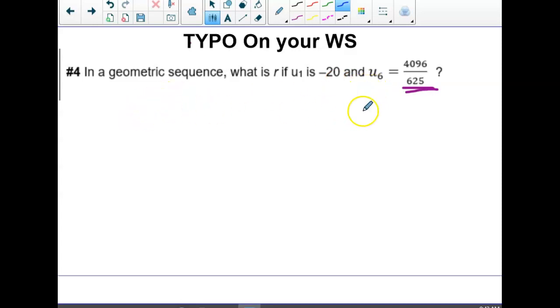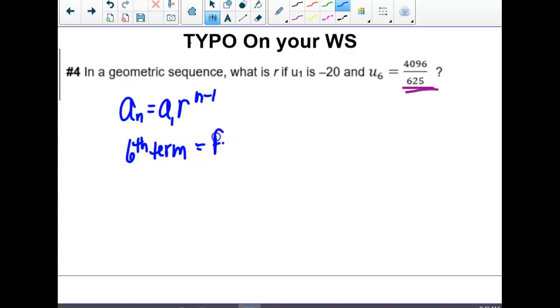So you could draw 5 blanks in the middle, but you really don't need to find all those terms. What could I just do with this formula, guys? I could say the 6th term is the first term times R to the 6 minus 1.